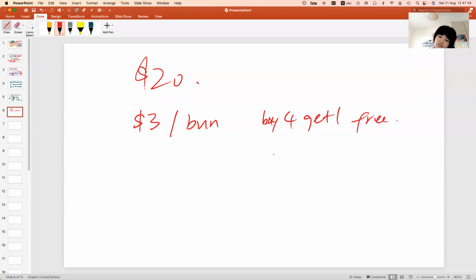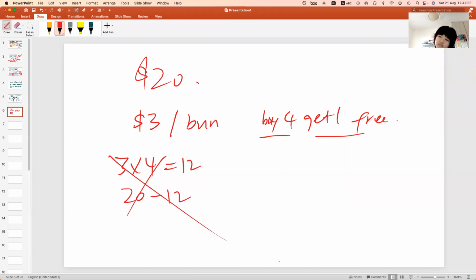So this is a breakdown question. When you do a breakdown question, you don't do it your way. Let's say you do it this way, 3 times 4 is equal to 12, then you use 20 minus the 12. No, don't do it this way. If you do it this way, you're very likely wrong. So how are you going to do this?